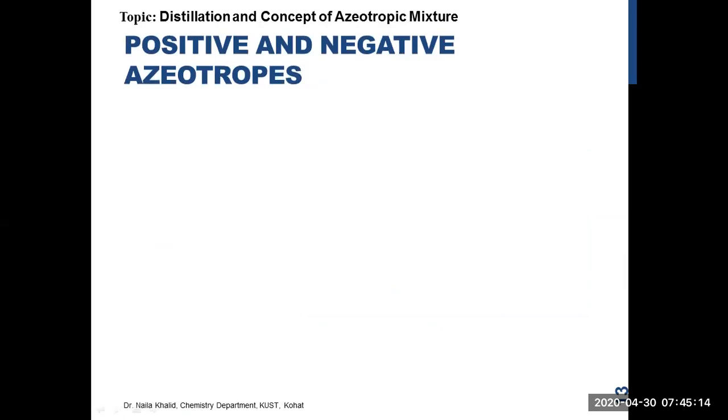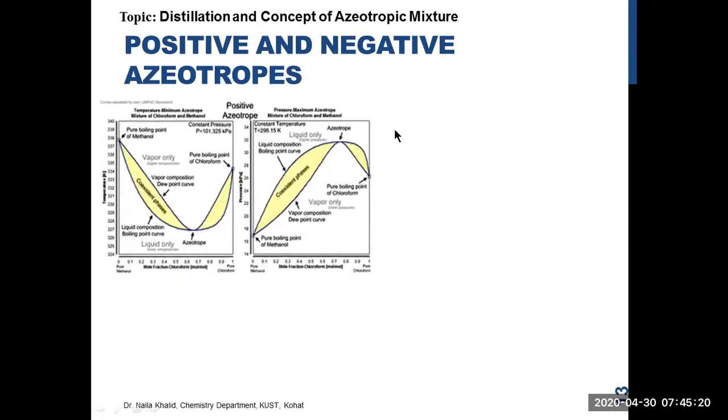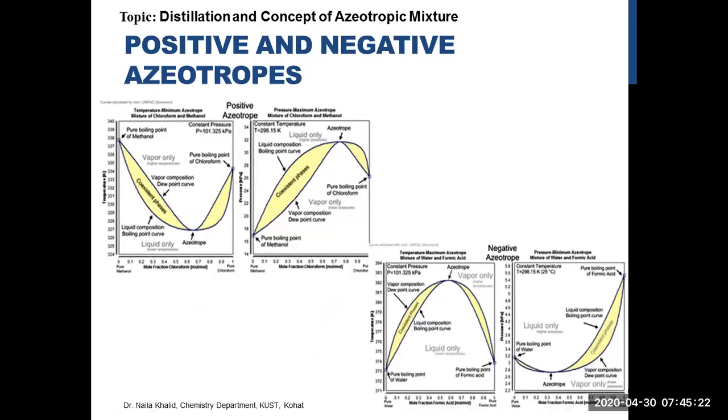Now we will discuss the positive and negative azeotropes. These are the two curves. You can say the positive azeotrope. Here is methanol, and this methanol is mixed with chloroform. Here you can see temperature and mole fraction. Mole fraction means the composition of the mixture.